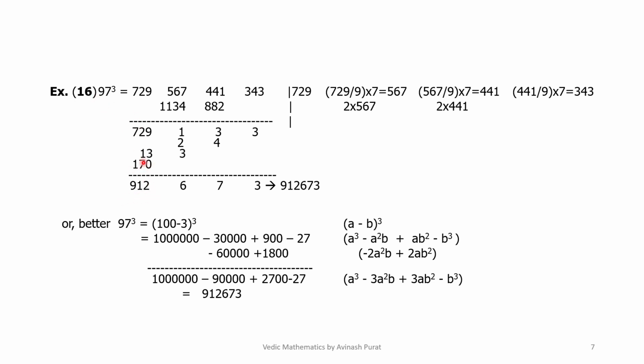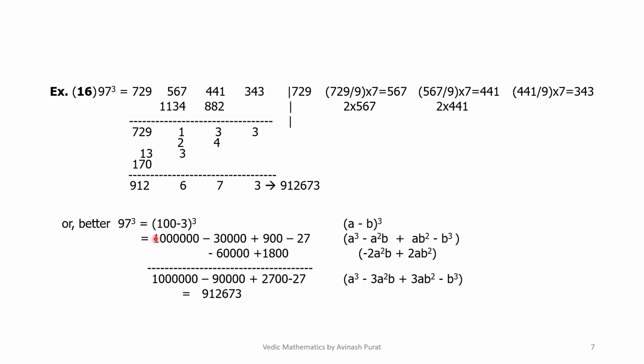So 97 cube is 912,673. Better still, another method, a better method: 97 cube equals (100 minus 3) cube, (a minus b) cube.